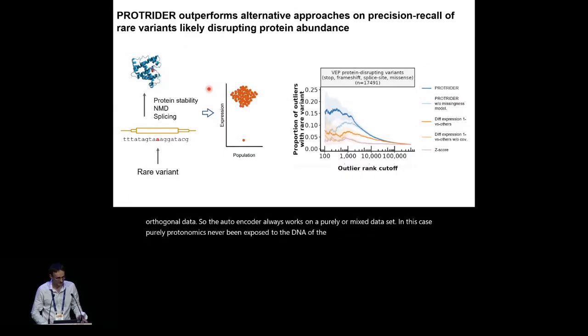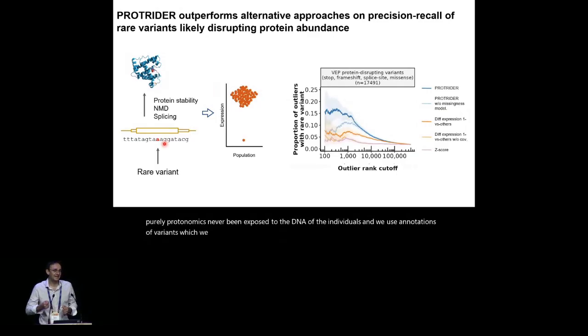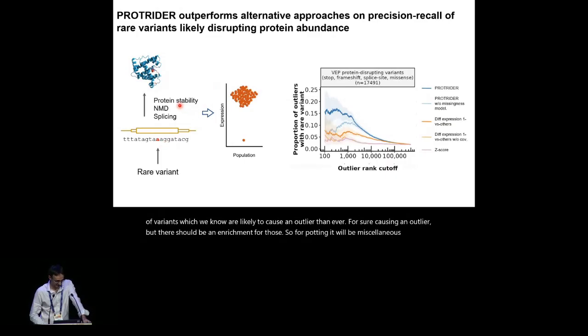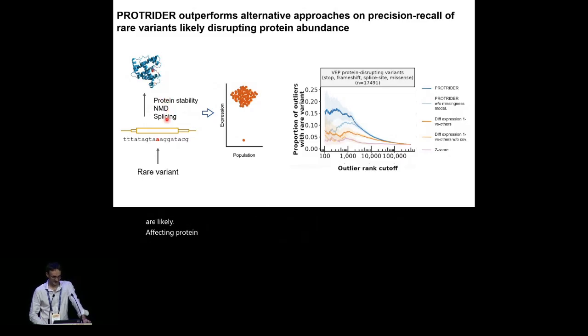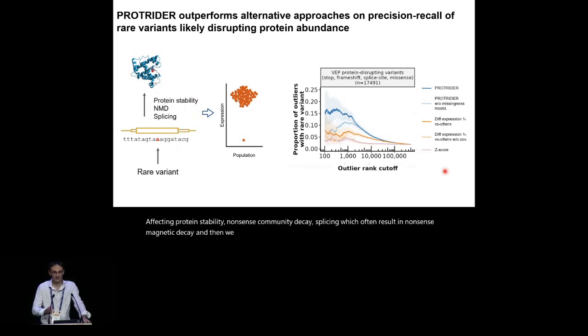And we use annotations of variants which we know are likely to cause an outlier. They're never for sure causing an outlier, but there should be an enrichment for those. So for protein, it would be missense variants that are likely affecting protein stability, nonsense-mediated decay, splicing, which often results in nonsense-mediated decay. And then we can rank by different methods what is the most likely to be an outlier down to the least likely.